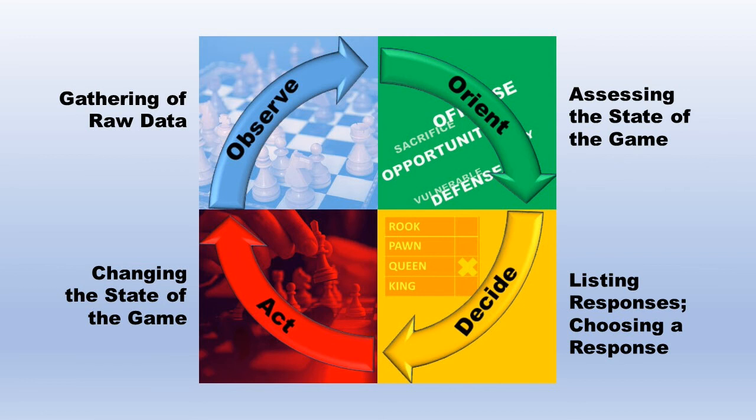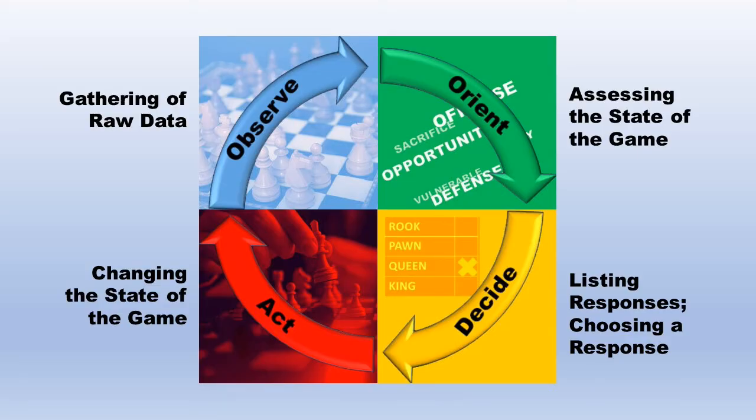And in addition to actually doing what they decide to do in the act step, as I see it, the act step is where the player changes the state of the game. Preferably, they change the state of the game to their advantage, or certainly to disadvantage the other players, their opponents.